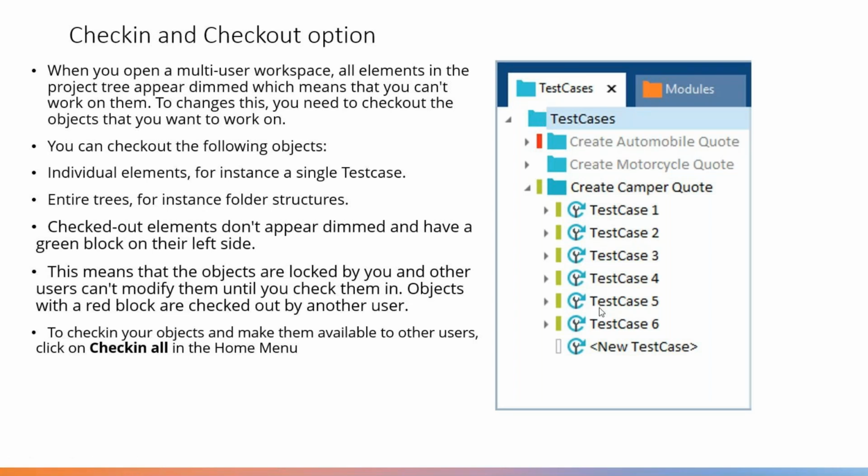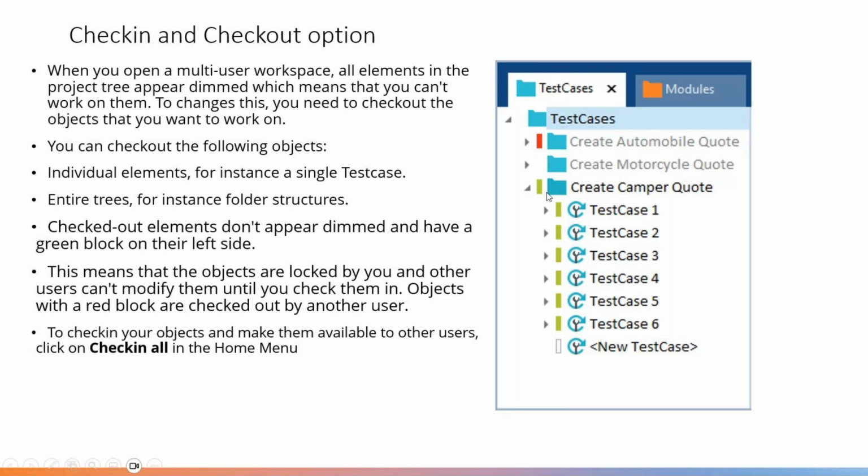The checked out elements do not appear dim and have a green block on their left side. When you hover on this green block, you will be able to see who has checked out this particular folder and who is making changes on it.